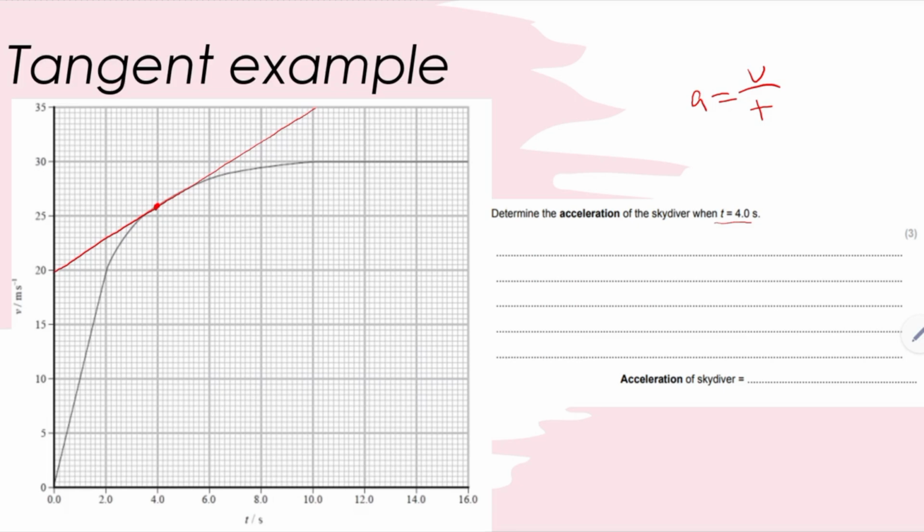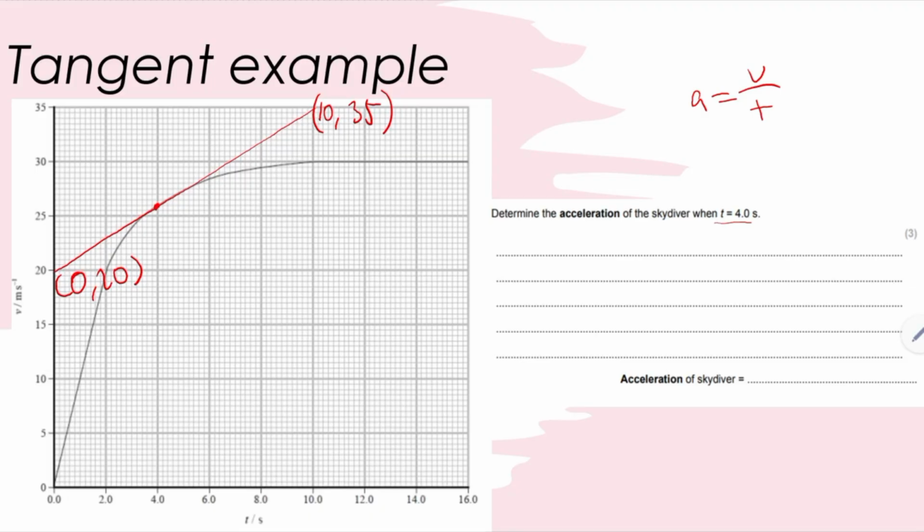So we're going to have 35, which is the y-axis, and we're going to have 10, which is the x-axis. And over here we're going to have 0, which is the x-axis, and 20, which is the y-axis. And then we have to do the change in y over the change in x. So the change in v over the change in t.